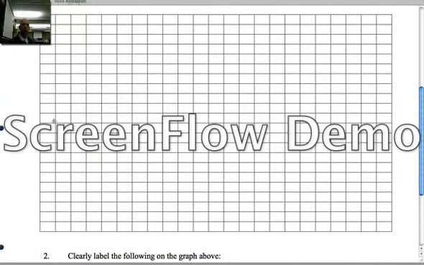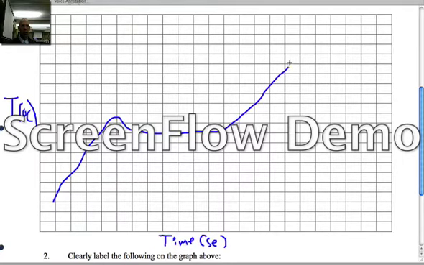All right. For the heating curve, again, we're going to label it exactly the same way we did before. We have temperature, degrees Celsius, time, and that's going to be in seconds. Now, in this case, we're working in the opposite direction. So, ideally, we would have seen something that looked like this. This is the solid region.